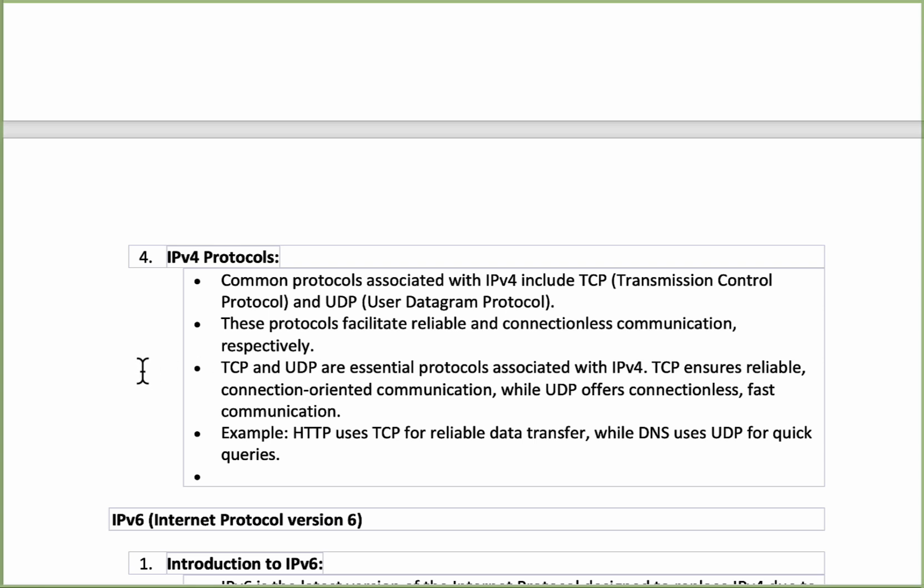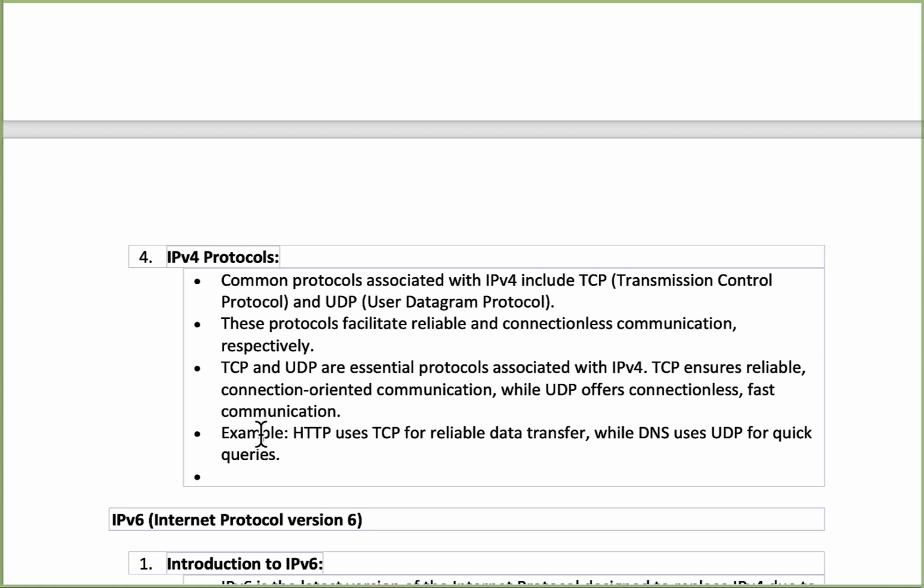These protocols facilitate reliable and, in some cases, connectionless communication, depending upon what you're looking for. TCP ensures that you have a reliable connection, while UDP offers that connectionless fast communication, like we talked about as it relates to streaming services.